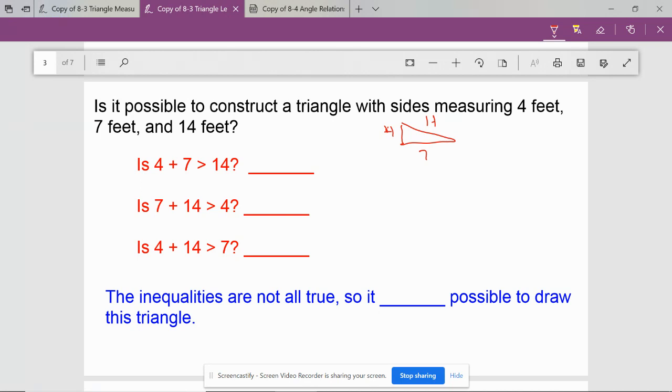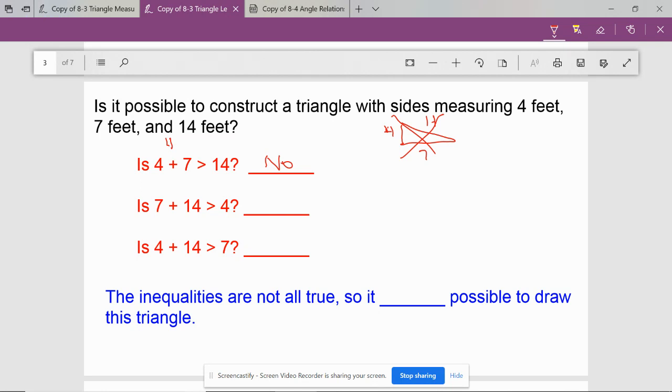If we look at our triangle inequality theorem, if we take 4 plus 7, that's 11, right? Is 11 greater than 14? No, it's not greater than 14. So we can't draw this triangle. That's a bad triangle. That's not even going to work.